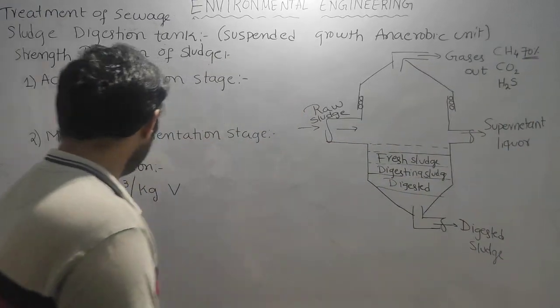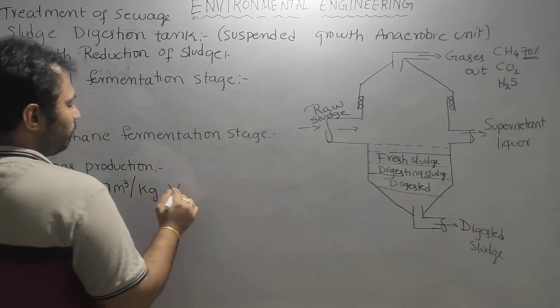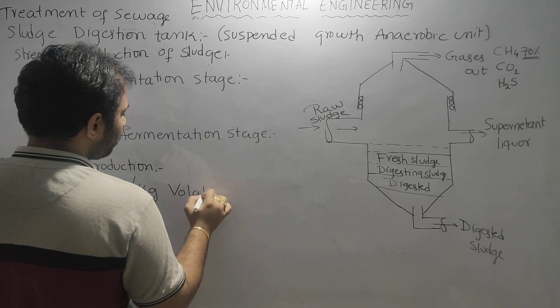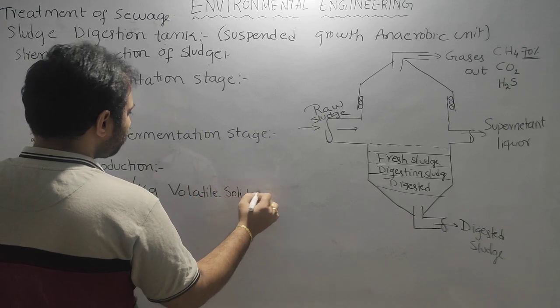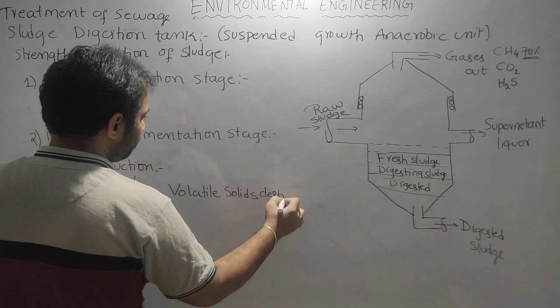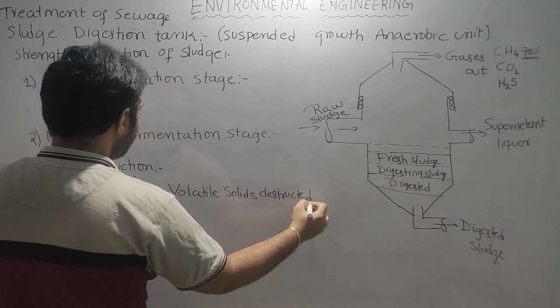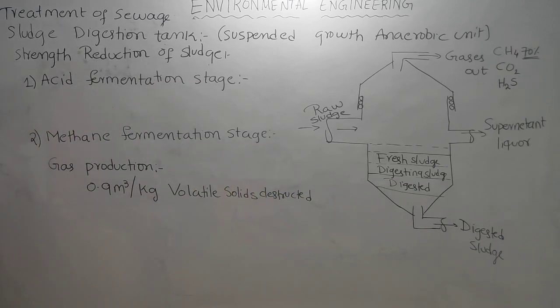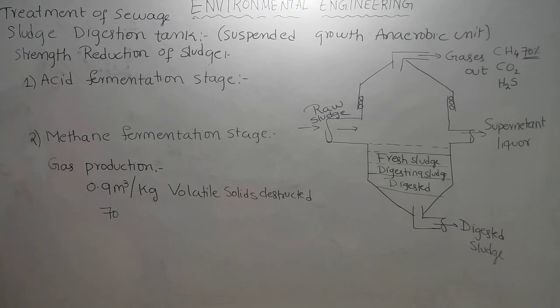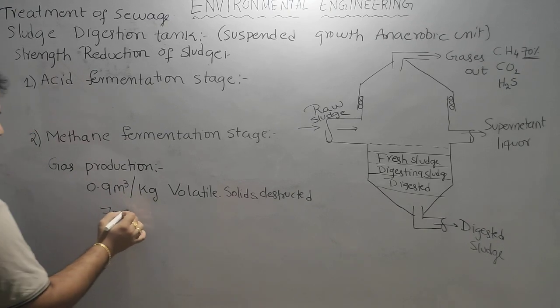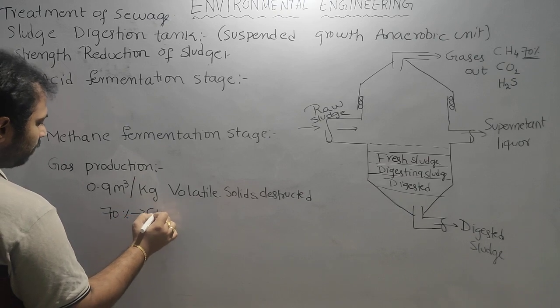So for per kg volatile solids destructed, in that 0.9 meter cube, 70% will be methane.